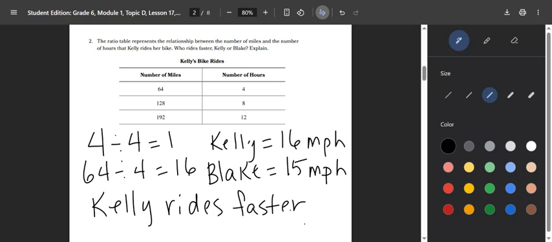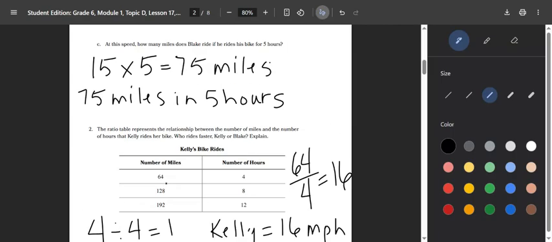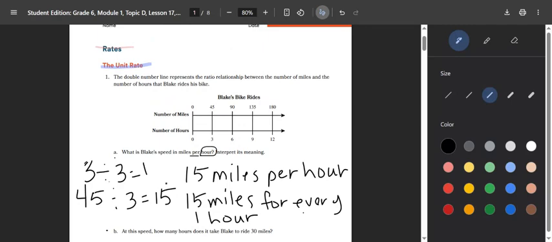And you can see each time all we're doing is taking the first quantity and dividing it by the second quantity. So this was 64 divided by 4, which gave us 16. And when you look at Blake, we did 45 divided by 3 to get 15.